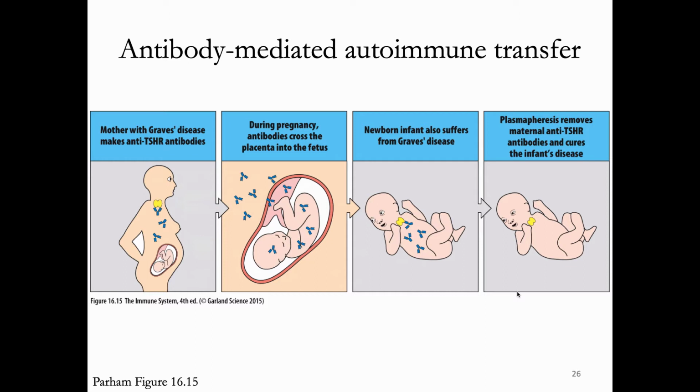And even if we didn't, remember that antibodies are short-lived. There are actually no B cells going through the placenta. It's just the antibodies. And so the baby is going to have those antibodies only for a short time. They're eventually going to degrade, and the baby will get better. Although we do now have treatments because you don't really want your baby to have metabolic problems at the beginning of life either. So this is one big way that antibodies can cause different types of autoimmunity.